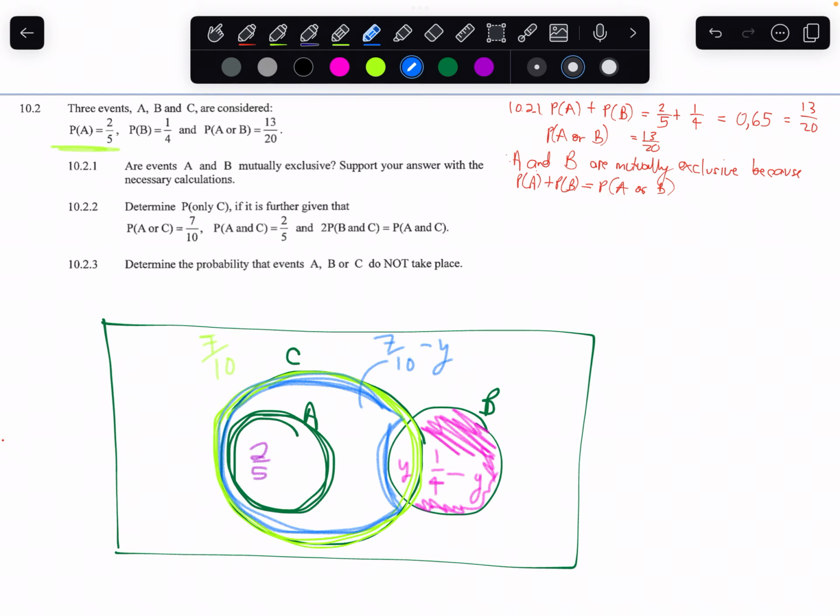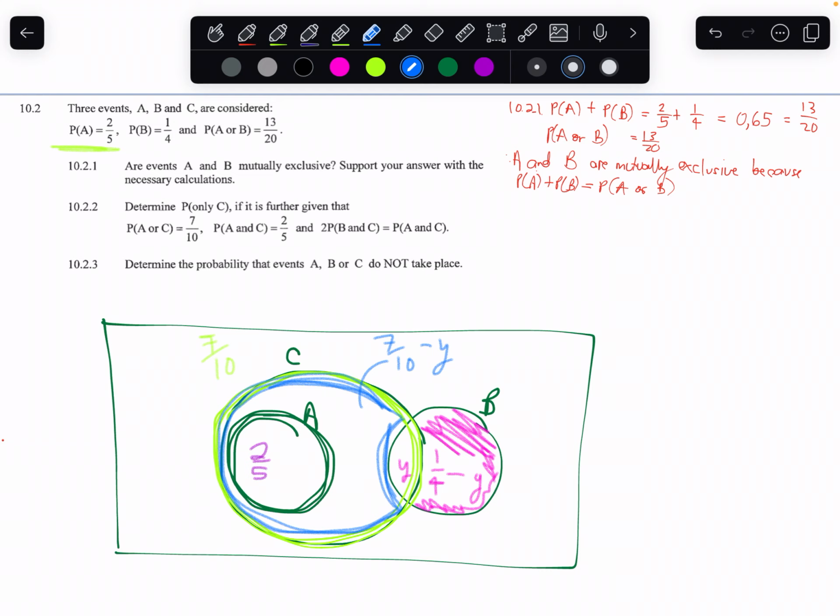Since the whole of C is 7/10, the chances of C happening but not B happening is 7/10 minus Y. Anyway, wow, this is really getting me into knots.